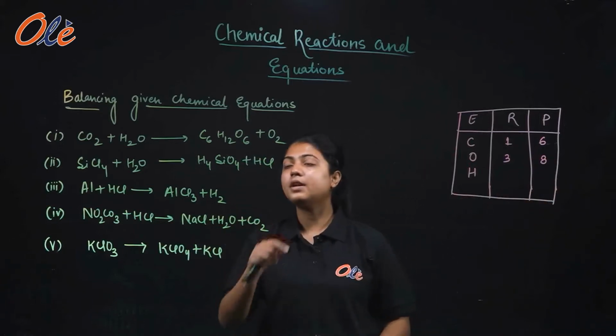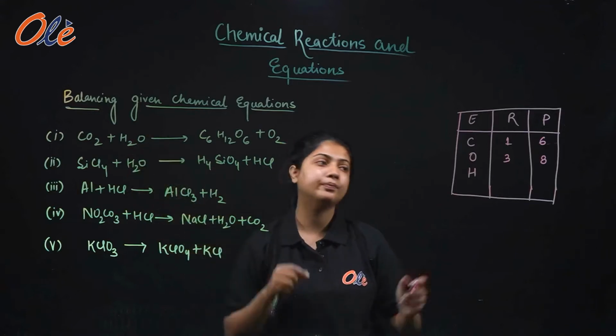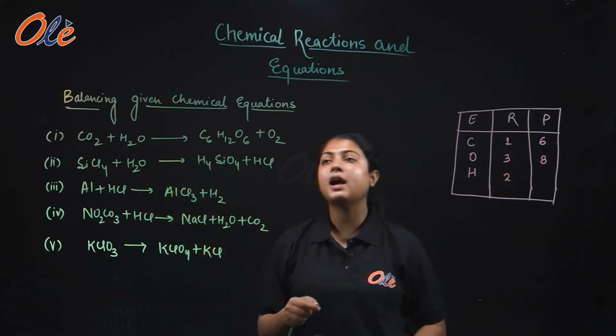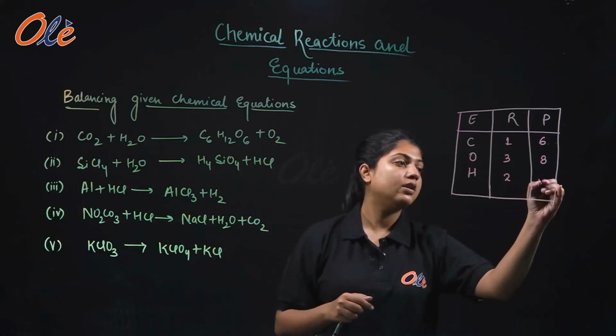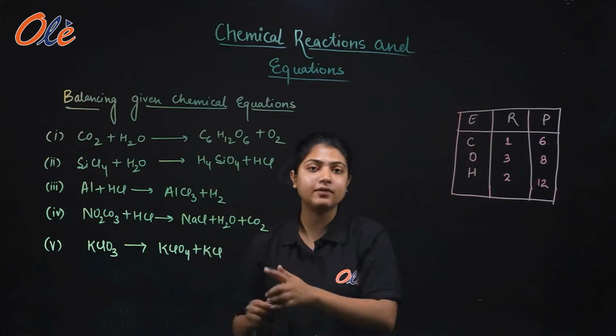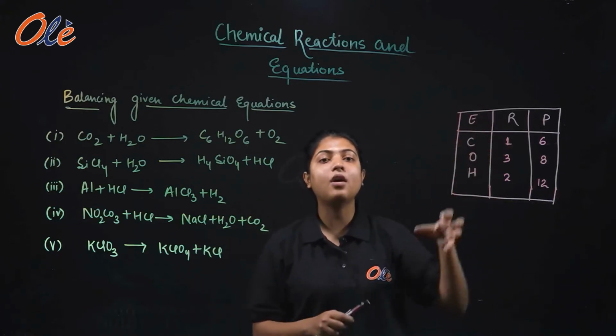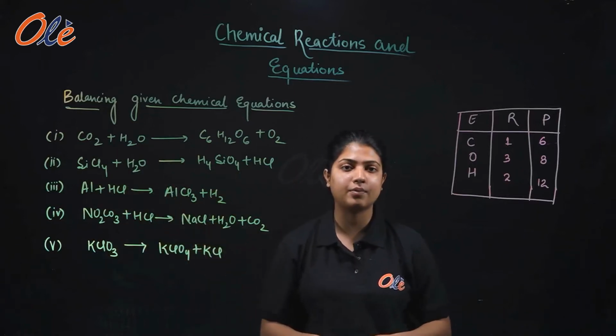Now, how many hydrogen atoms are present in the reactant side? 2. And how many hydrogen atoms are present in the product side? 12. So we have exactly got the elements present in the given reaction and the number of atoms of these elements in the reactant side and in the product side.